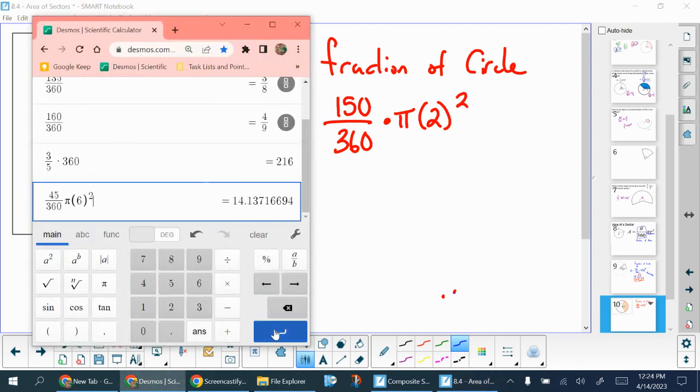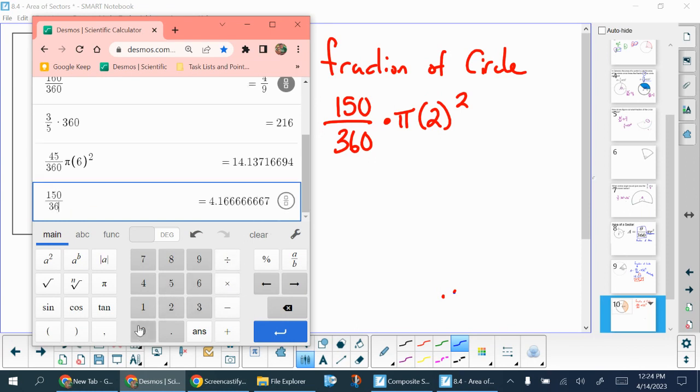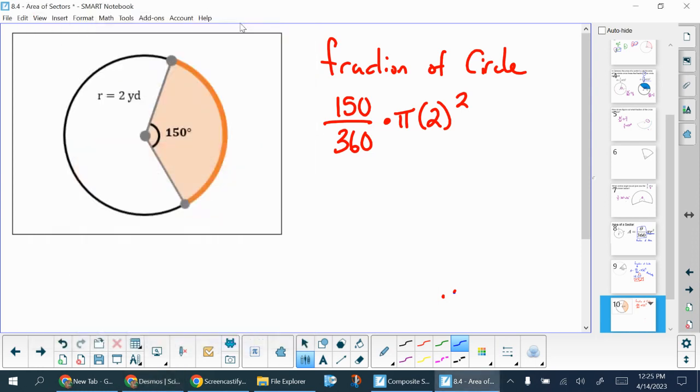I know I'm just going to be putting this into a calculator. So 150 divided by 360 times pi times the radius of 2 squared. And if I round that to the nearest hundredth, that'd be 5.24, rounding it up because of the 5 in the thousandths spot. So 5.24, and this one is also in yards for some reason. Yards squared, or square yards.